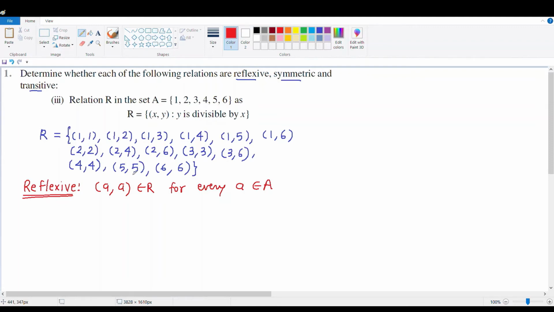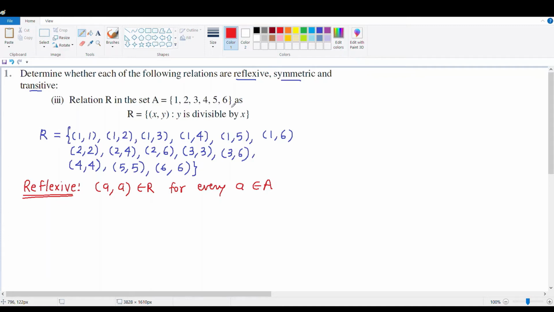Yeah, it is there. Then 2 belongs to A, so 2 comma 2 must be there in here. Yeah, it is there. Then 3 is in A, so 3 comma 3 must be in our relation R, which we already have. Now 4 is in A, so 4 comma 4 must be there in our relation. Yes, it's there. Same way 5 comma 5 is also there, 6 comma 6 is also there.